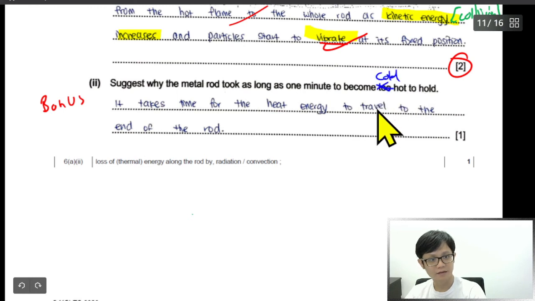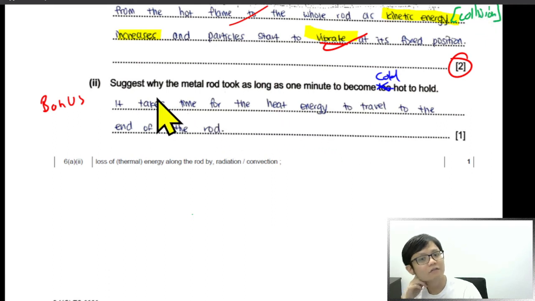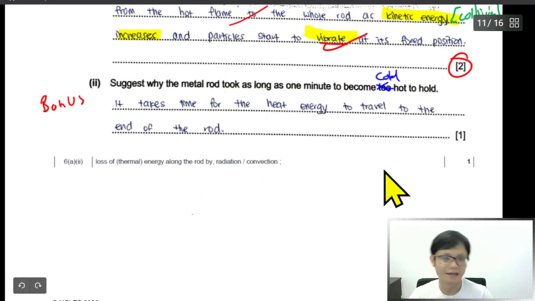Something like that. So it's due to the loss of thermal energy by the rod through radiation or convection. Yeah, I'm not sure lah, but I think it's a bonus question lah.